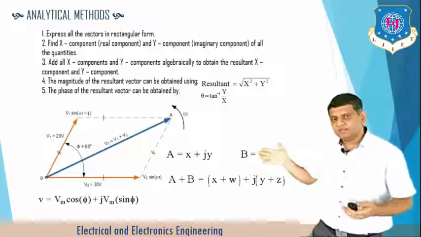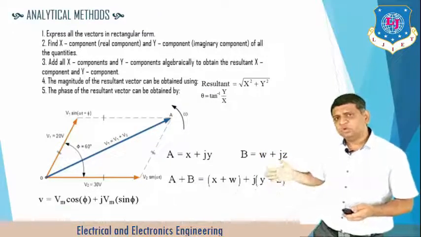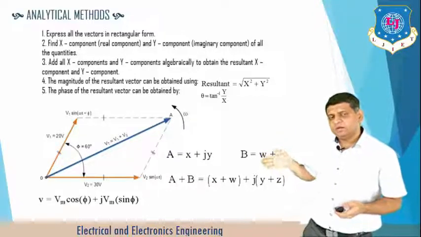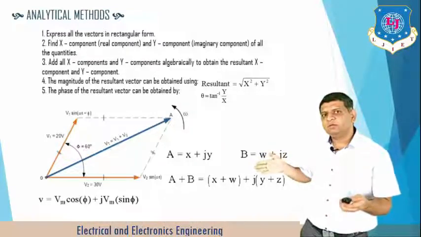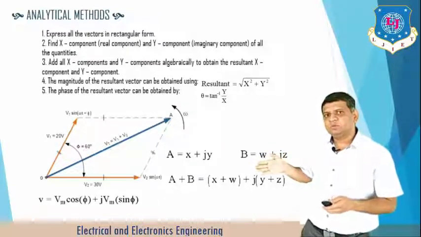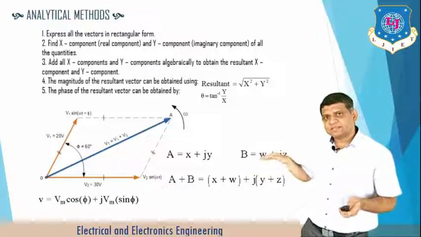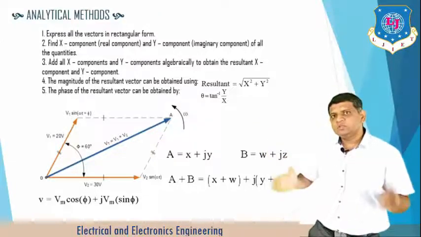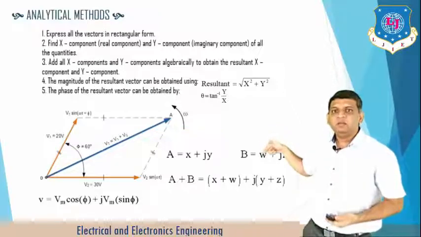Now you can see here a rectangular shape where there are two axes, the x-axis and the y-axis. Here, one of the values, let's say V2 is equal to 30 volt and V1 is equal to 20 volt, right? These two values, where x is represented as cos and y is represented as sine. Once you use the parallelogram method, the diagonal is represented as the resultant vector.